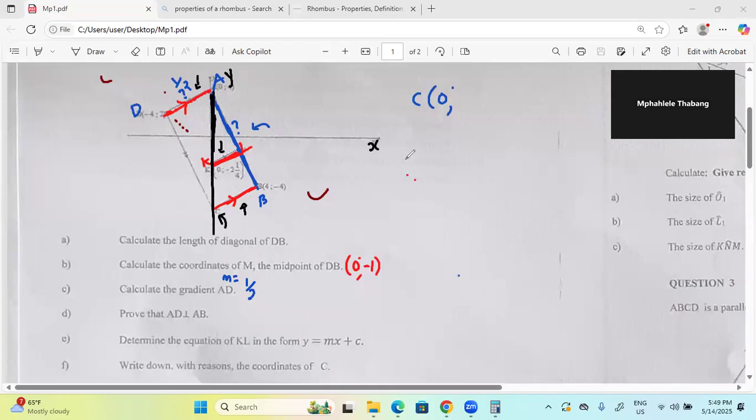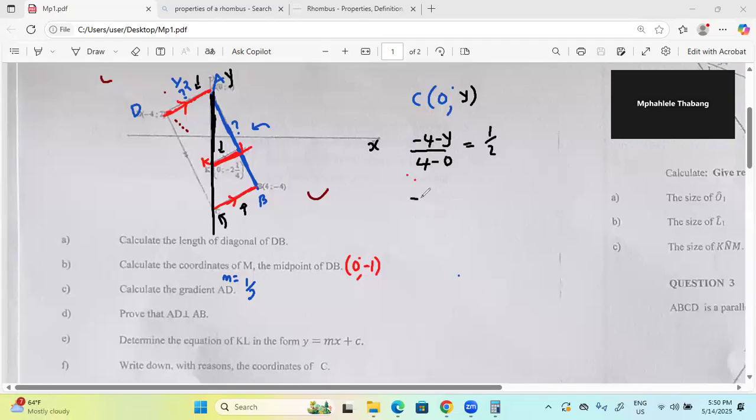So let me think of it as 0 and y. If I was to calculate the gradient of BC, I will say minus 4 minus y over 4 minus 0. It must give me 1 over 2.